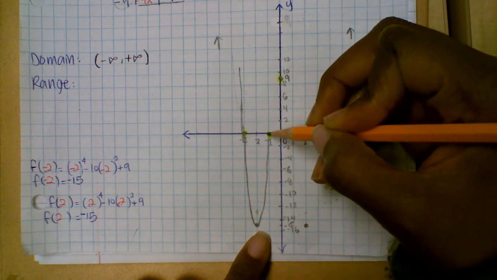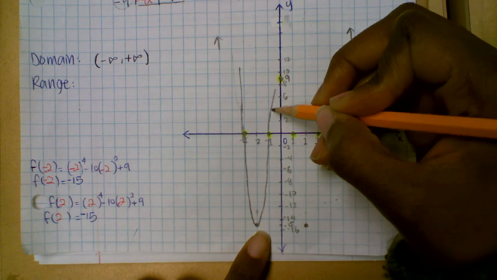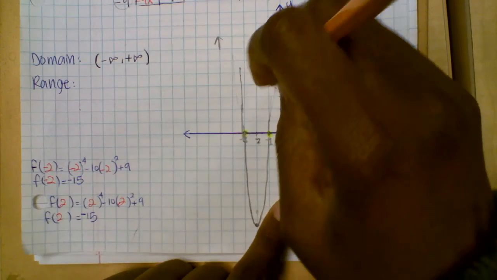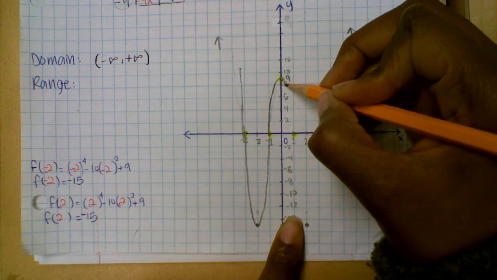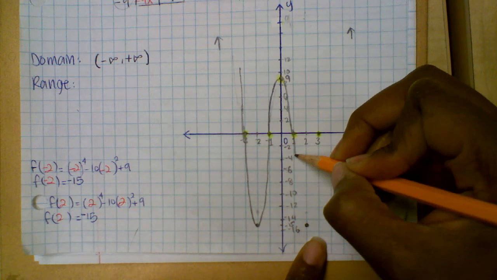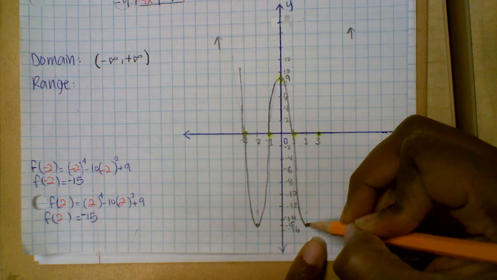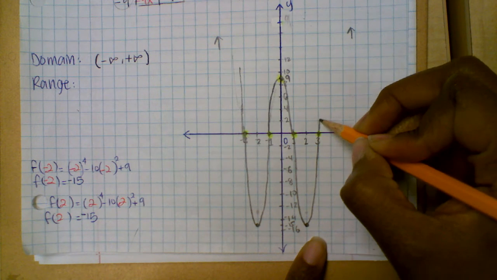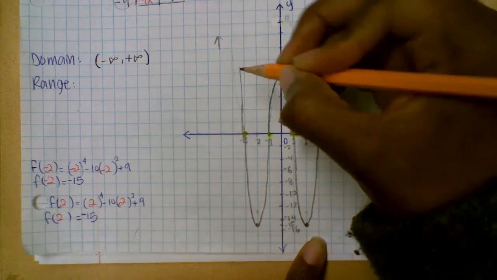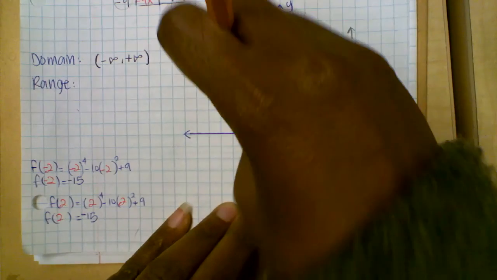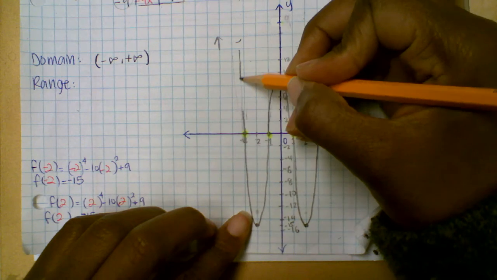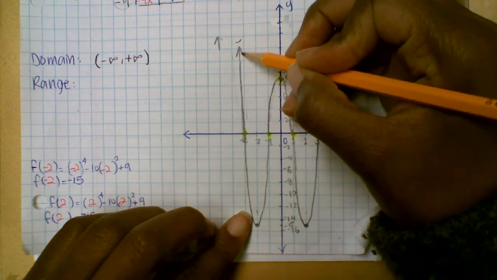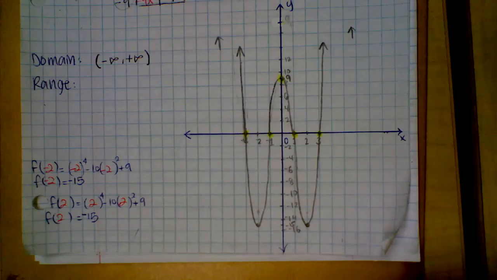Single root means the polynomial needs to pass through it, and then the polynomial needs to pass. So I can make it better here. Okay, and now you're done graphing the polynomial.